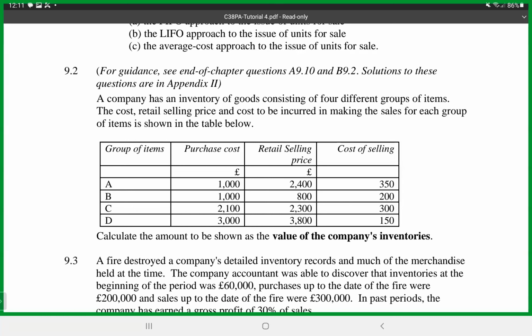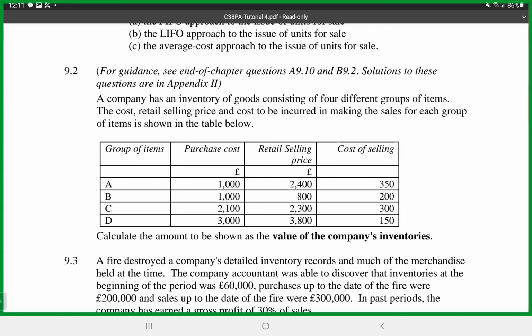The cost, retail selling price, and cost to be incurred in making the sales for each group of items is shown in the table below. Group of items, cost 1,000, retail selling price 2,400, cost of selling 350. Calculate the amount to be shown as the value of the company's inventories.